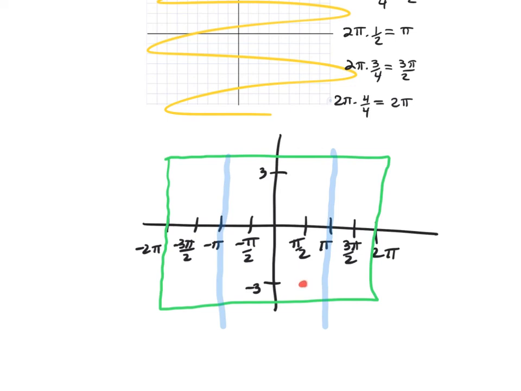At negative pi over 2, this one goes up this way. So now the behavior looks like this. And down. And then the points that are over here on the edge of my box, it's behaving the same way as the middle. I don't need to see the yellow. I only need to see the red.